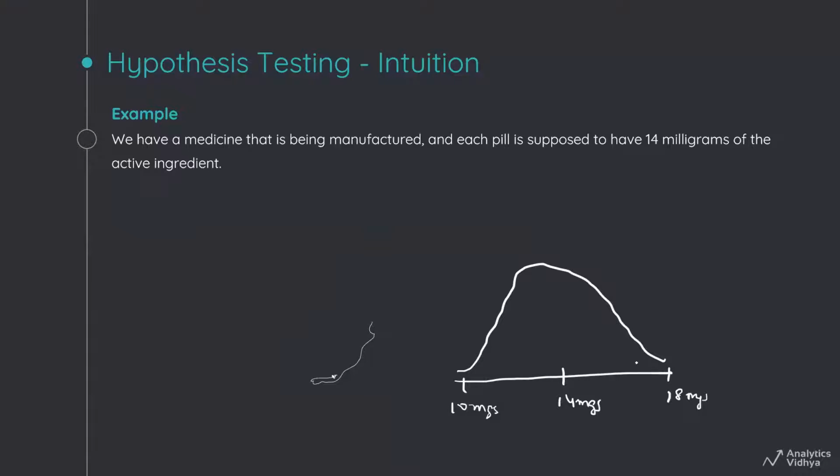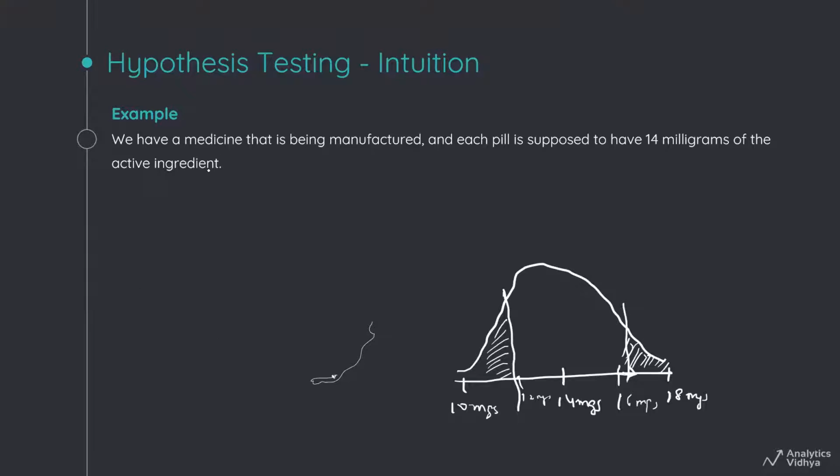I would say that if my drug consists of at least 16 milligrams or 12 milligrams, I'm fine with it. But if it crosses this region, if it comes into this region, then I would really worry about the drug. Similarly, I want it to be at least 12 grams, but if it is less than 12 grams, that is of concern for me.